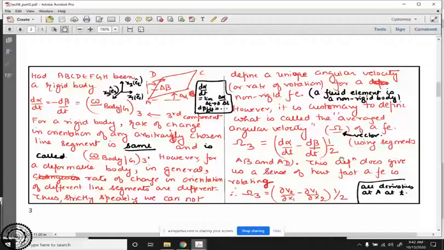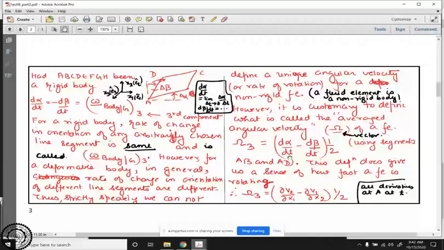So now we are making an agreement among the fluid dynamics community that the fluid element does not have a unique angular velocity, but still let's define an averaged angular velocity in this fashion. And this definition does give us a sense of how fast a fluid element is rotating.